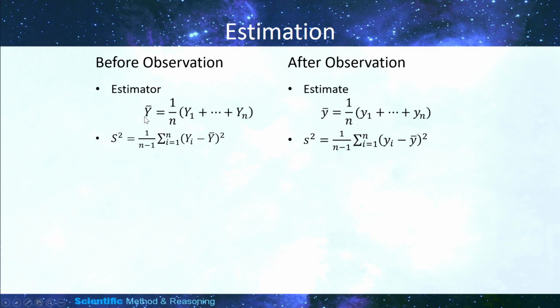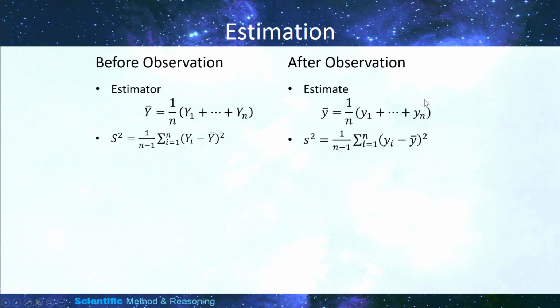An estimator is a formula describing how you can calculate the sample mean based on a random sample of size n. Now the capital letter represents the random variable, that is before we actually observe the data, and the small letter y represents the observed value of y1, or the realization of y1.